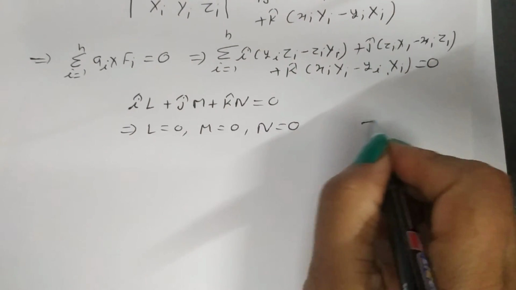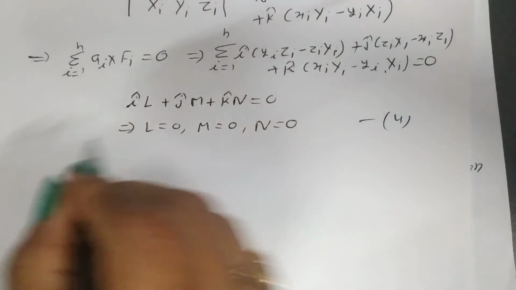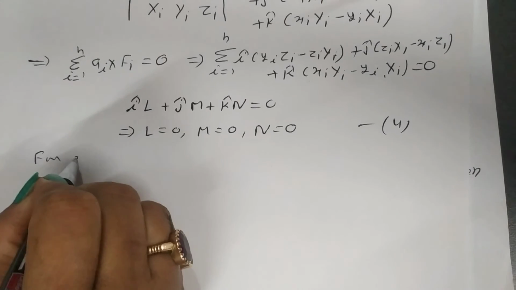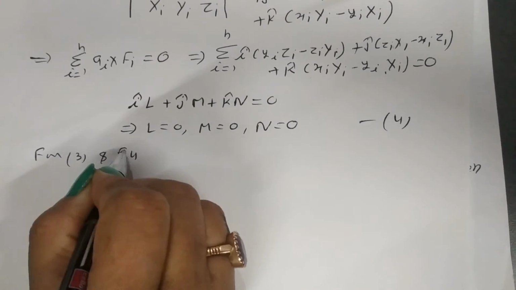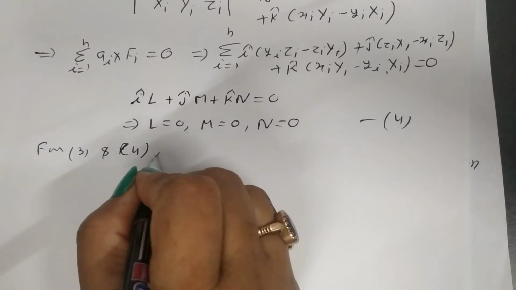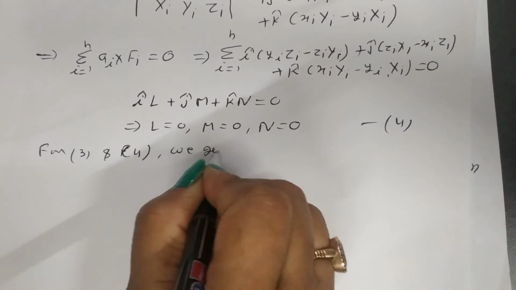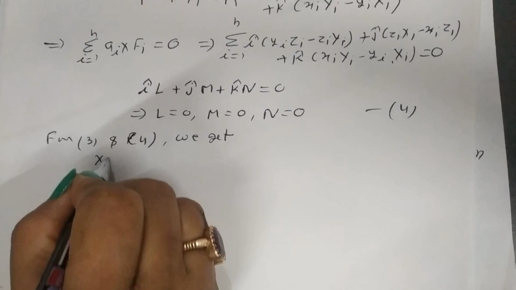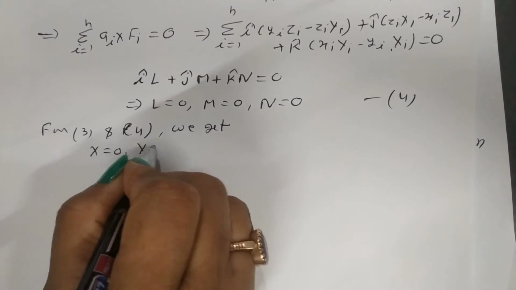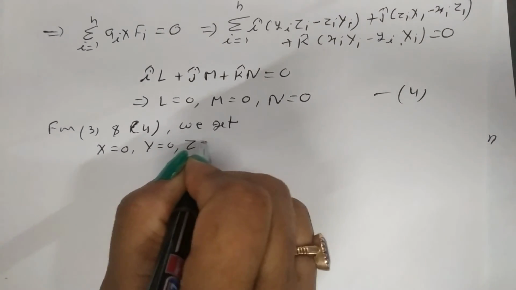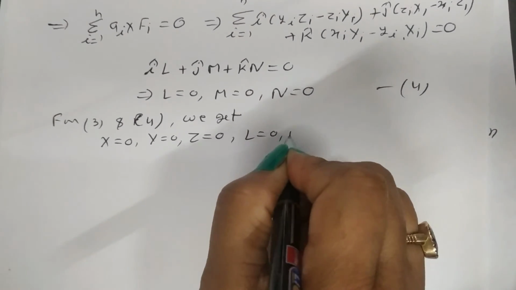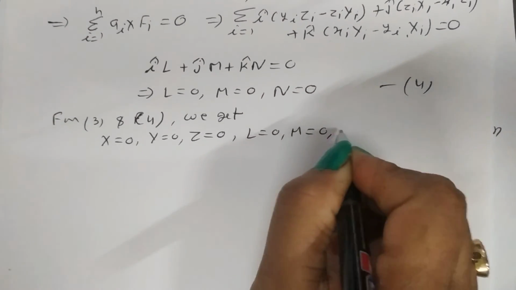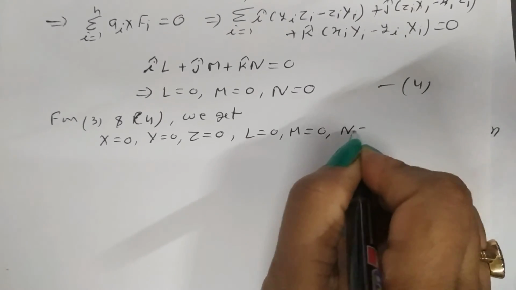Therefore, from equation number 3 and equation number 4, we get X is equal to 0, Y is equal to 0, Z is equal to 0, and L is equal to 0, M is equal to 0, and N is equal to 0.